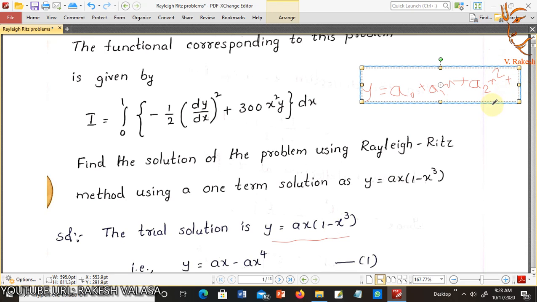But in the given problem, the trial function is given, that is y equal to ax into 1 minus x cube.